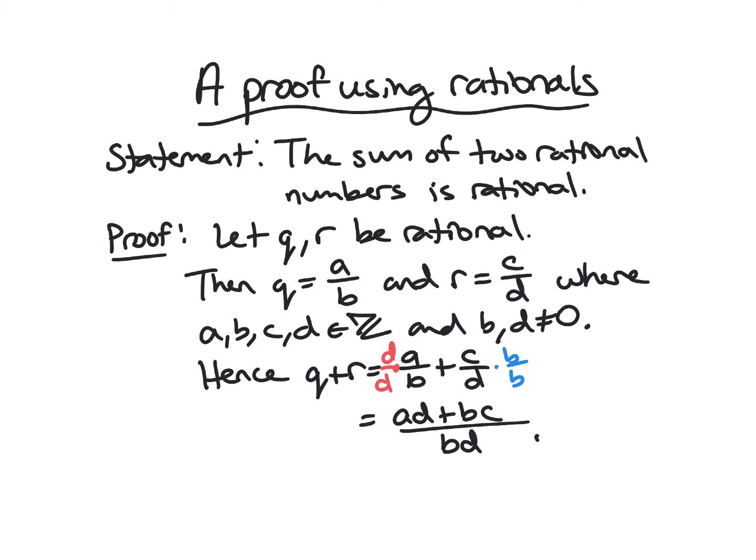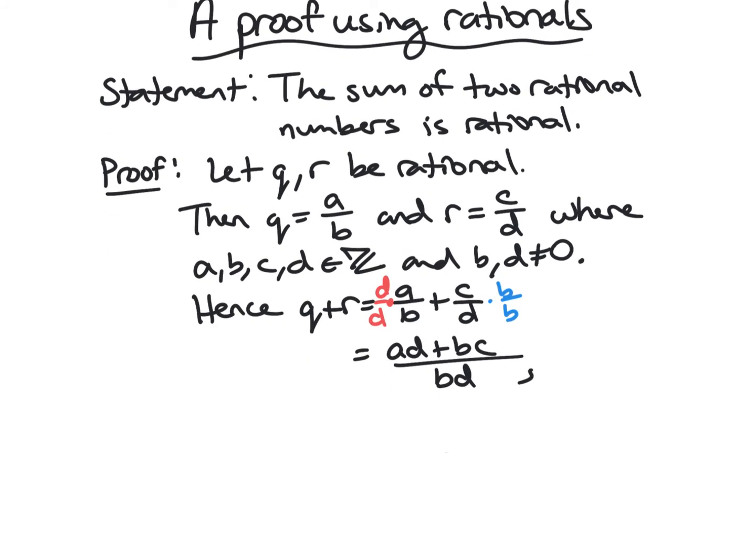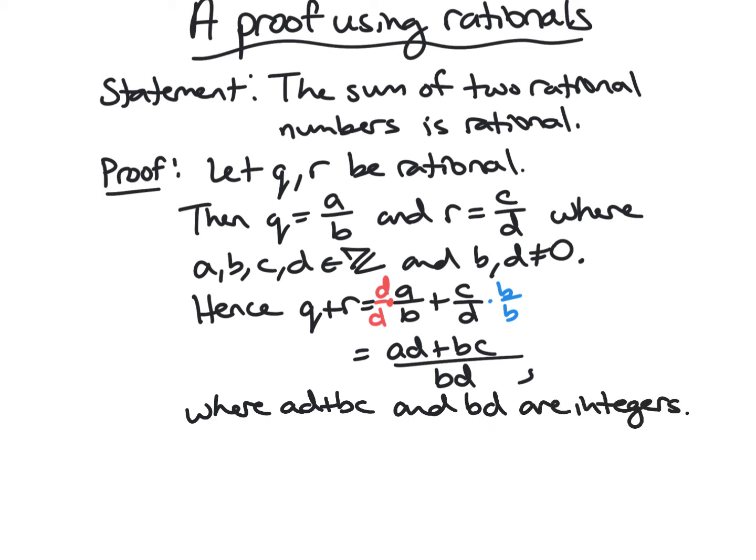All right. Well, this is great, right? Because I have a number over a number, and we know that the integers are closed under multiplication and addition. So I'll just say where ad plus bc and bd are integers. Now, what's the other thing we need, right?